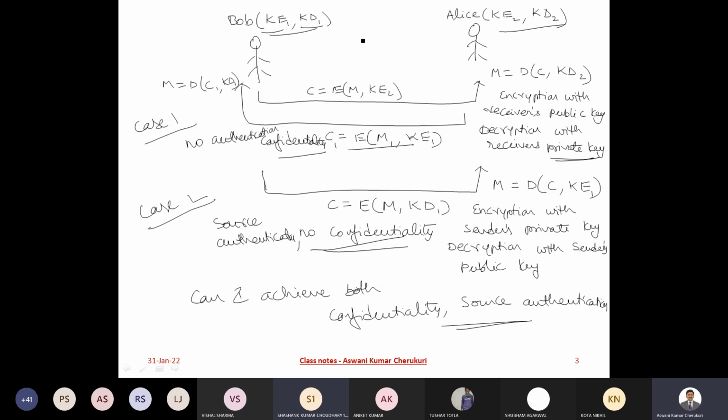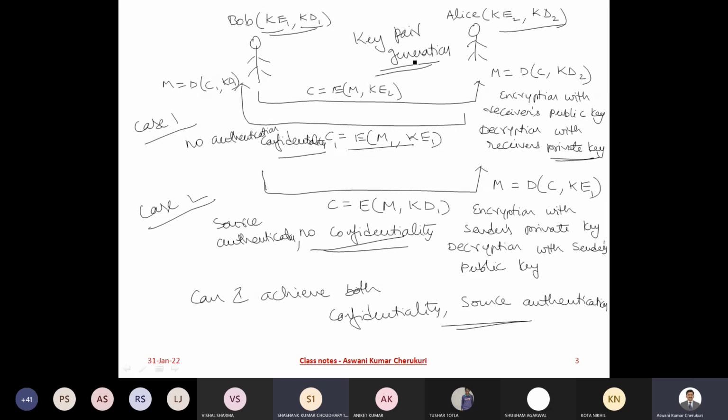What are the requirements? Number 1, you should not focus only on the encryption and decryption process, but also on the key pair generation. This is more important, the key pair generation.